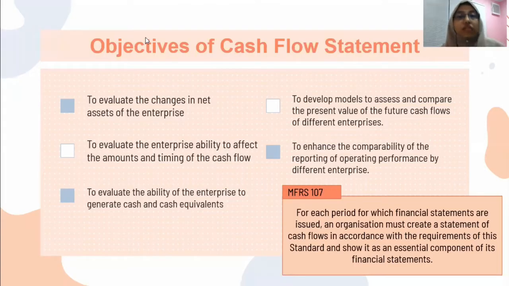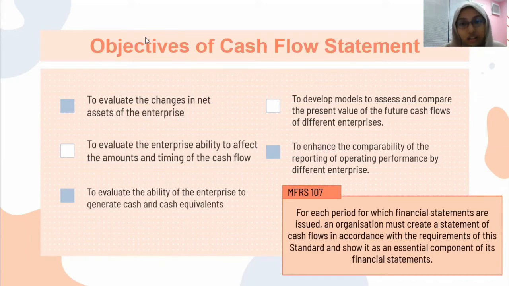The objective of cash flow statement is to provide information that enables user to evaluate the changes in net asset of an entity. Next, it evaluates the enterprise ability to affect the amounts and timing of cash flows in order to adapt to changing circumstances and opportunities.